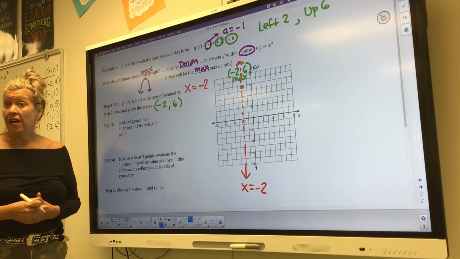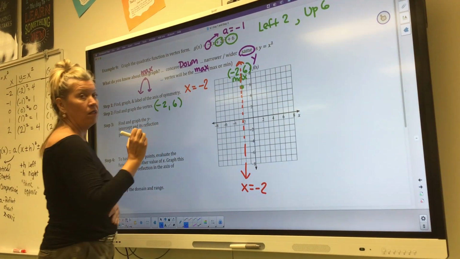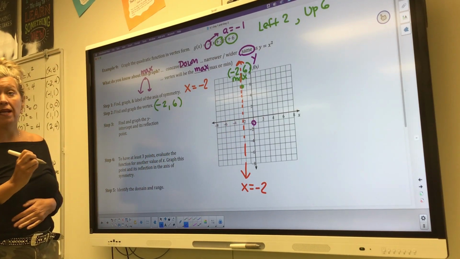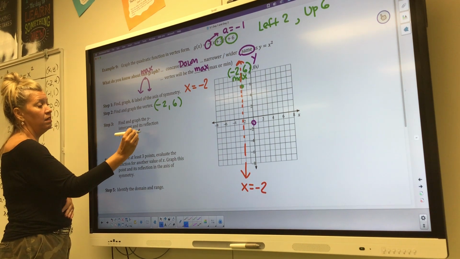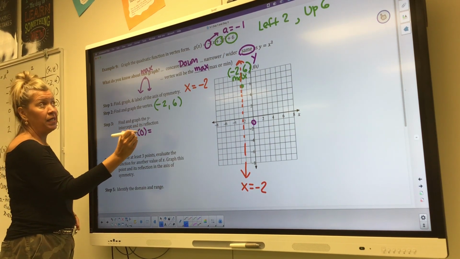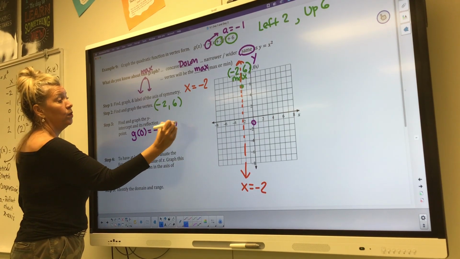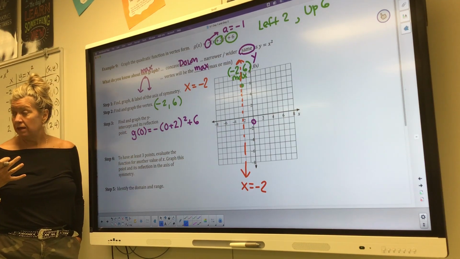Now we want to find that y-intercept where it crosses the y-axis. So our x is going to be 0. So we're going to substitute that into the equation. So g of 0, let x be 0. So -(0 + 2) all squared, plus 6. We do our order of operations.